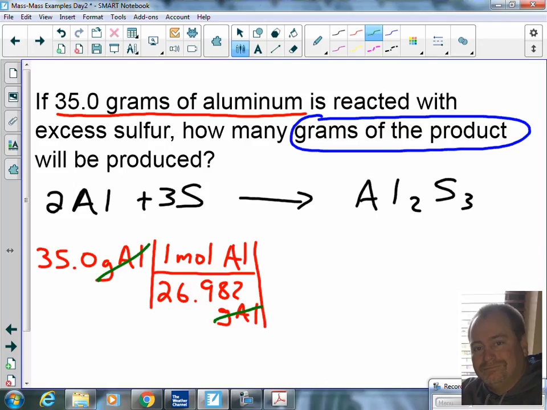My next step is to do what? Gabby? Convert the moles of the known to moles of the unknown using the molar ratio. What am I going to put on the bottom, Gabby? I couldn't hear you.